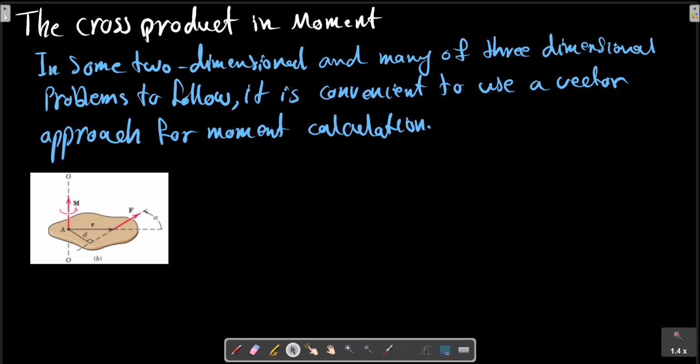The moment of F about point A, this point, with the distance represented by R, may be represented by a cross product expression.